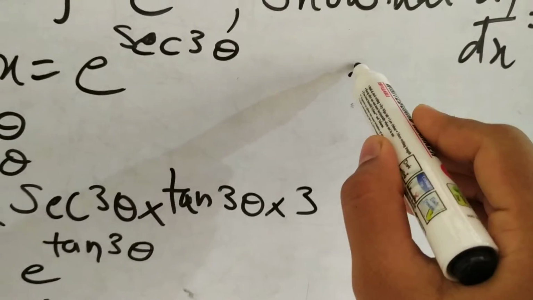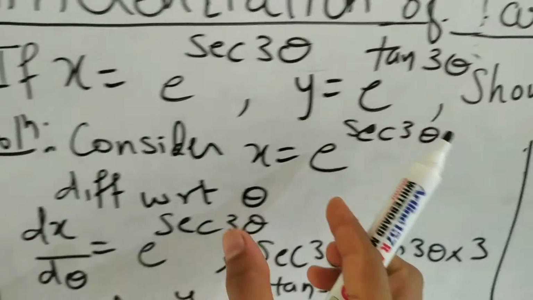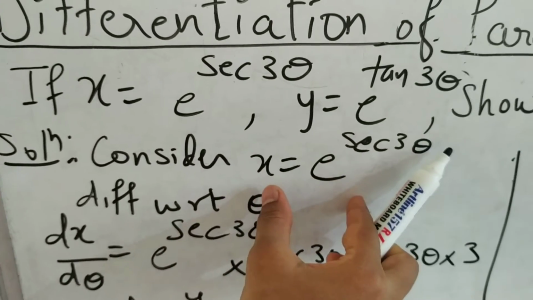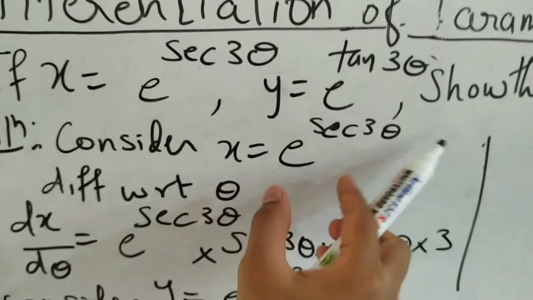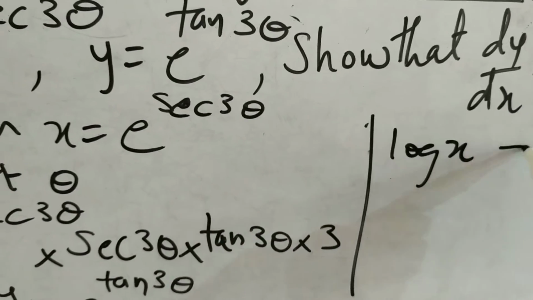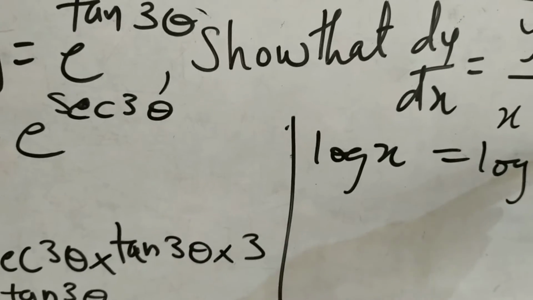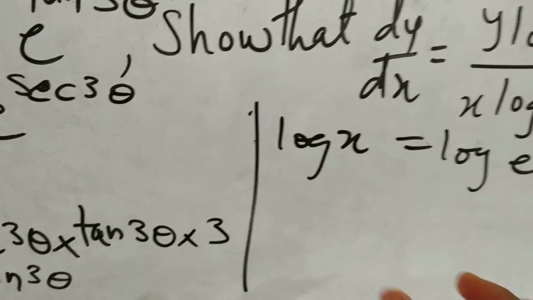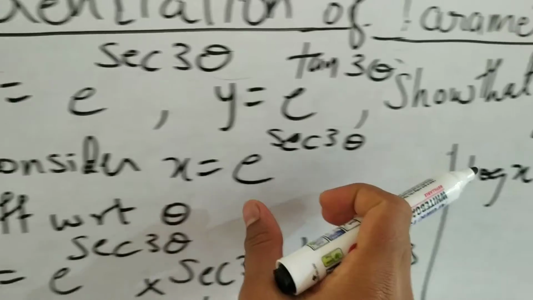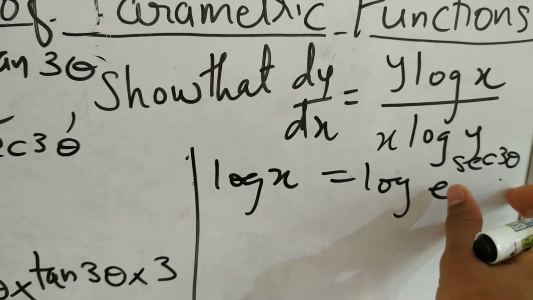Since in the solution there is a log x, let us make use of log for this function. Let us apply log on both sides for x equals e raised to sec 3 theta. Applying log on both sides, we get log x equals log e raised to sec 3 theta.